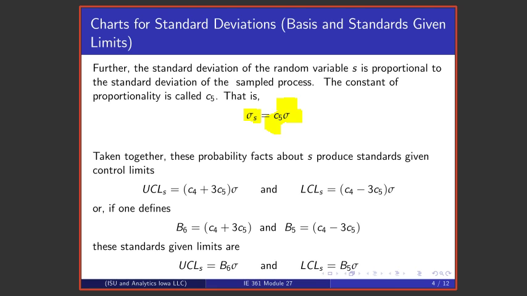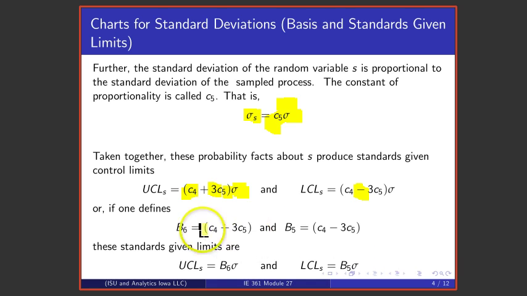If one takes those constants, little c4 and little c5, and puts them together, a plausible upper control limit for a sample standard deviation is c4 times sigma plus 3 c5 times sigma, with the lower control limit being the same thing, where I simply switch the sign on the 3 c5 sigma.